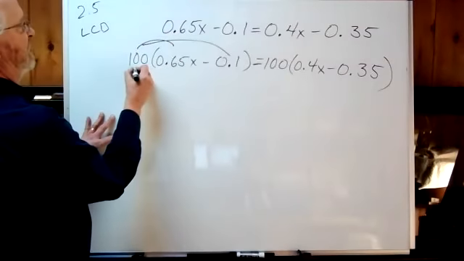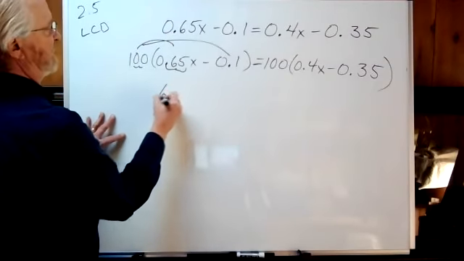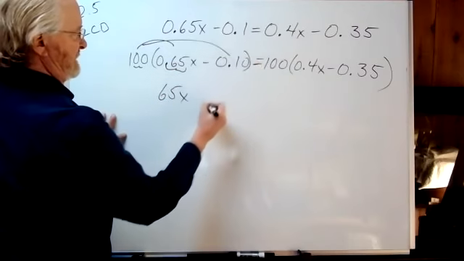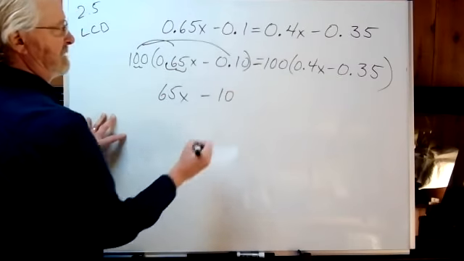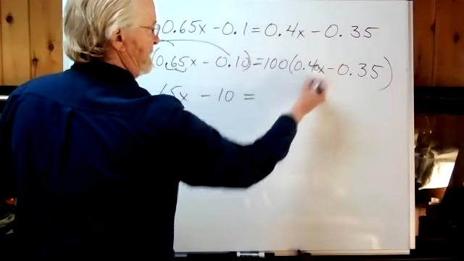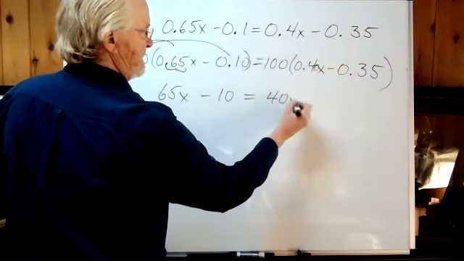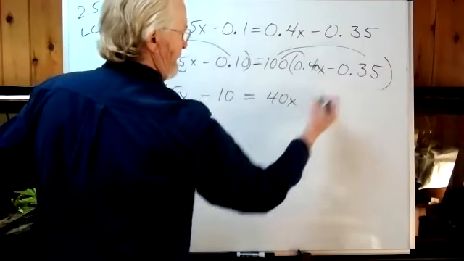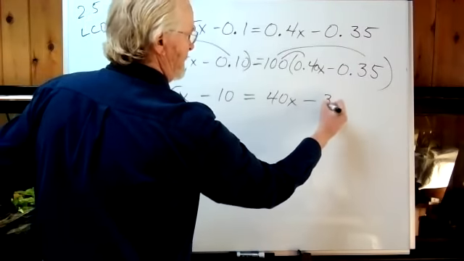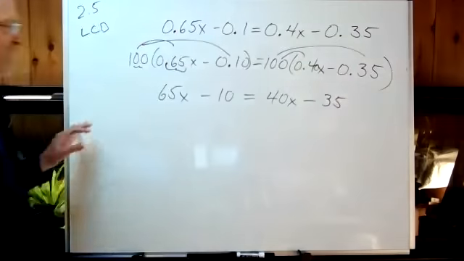All right, now 100, distribute that 100 to each of those. 2 places, right? 1, 2, 1, 2, we get 65x. 2 places here, I'm going to need the extra 0. And similarly over here, I'm going to need an extra 0 in there, 40x. And minus 0.35, no more decimal, minus 35, 2 places.